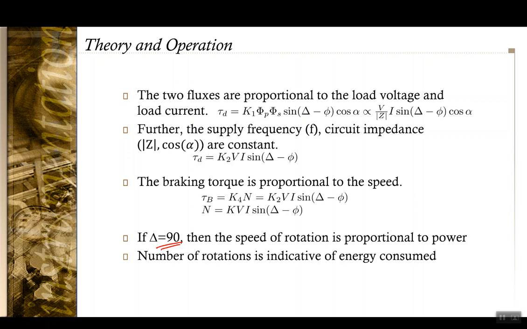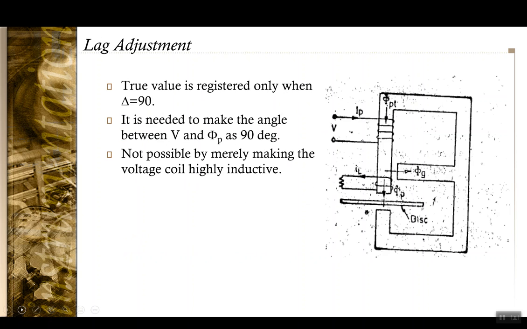Then the speed of rotation will be proportional to the power, and the number of rotations over some time will be indicative of the energy being consumed. The true value is registered only when delta is 90 degrees.